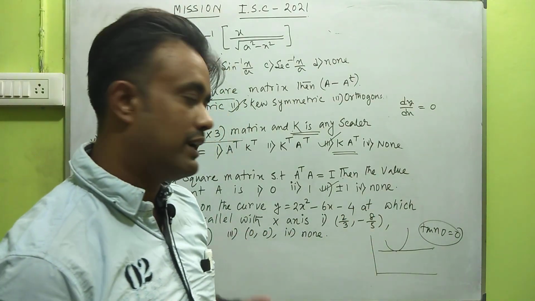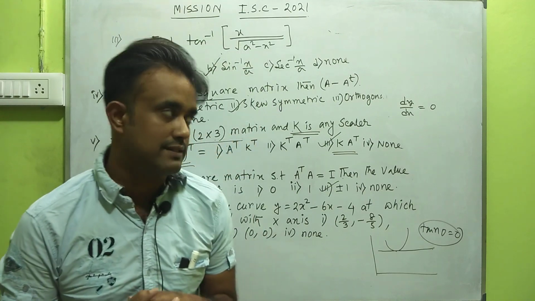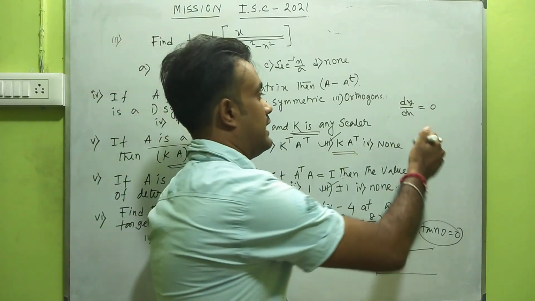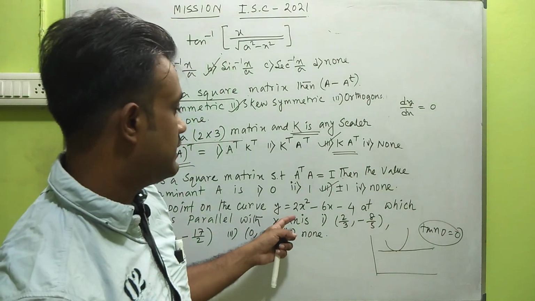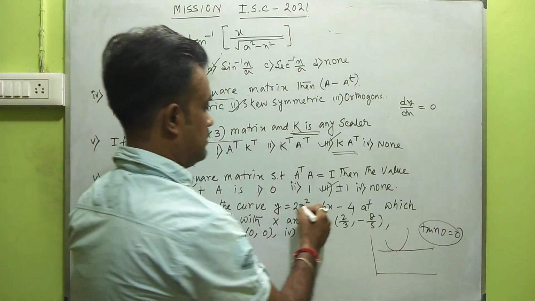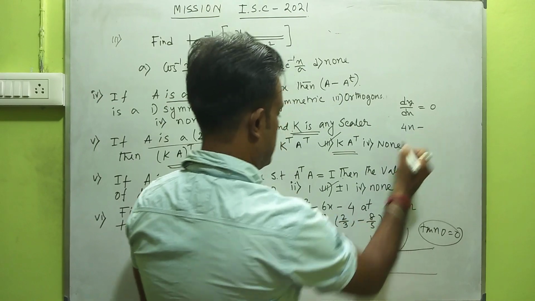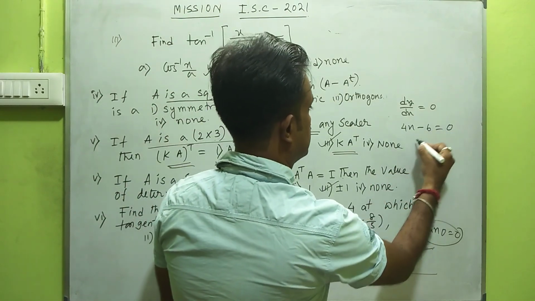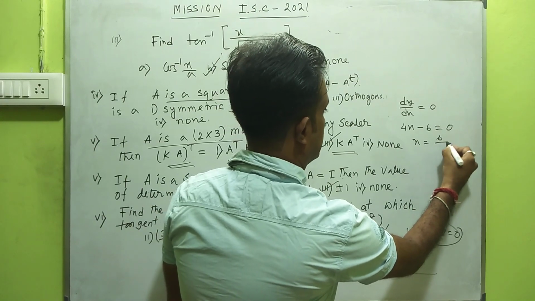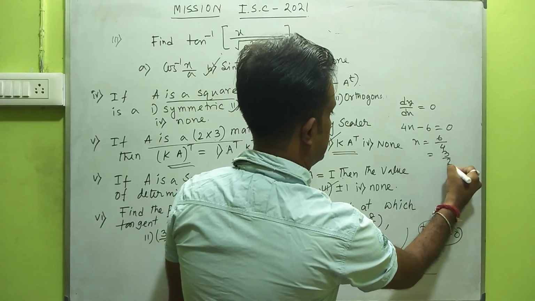At the point where the tangent is parallel with the x-axis, dy/dx must be 0. And so what will be dy/dx? 4x minus 6 is equal to 0. That is x is equal to 6 by 4, that is 3 by 2.